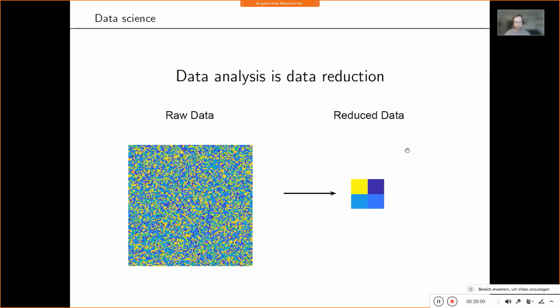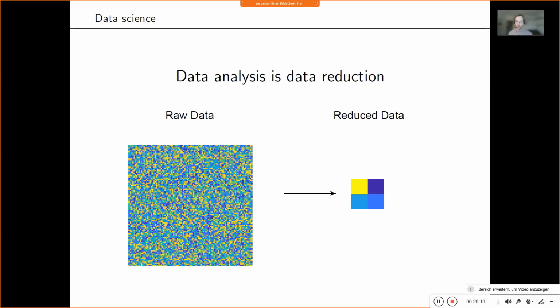Before we go a little bit further, two general remarks on my approach to data science or data analysis. One thing that I always think of is that it's a form of data reduction.